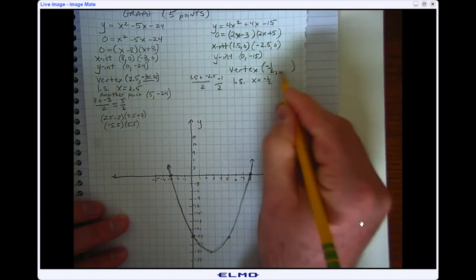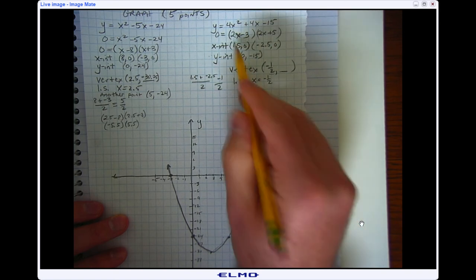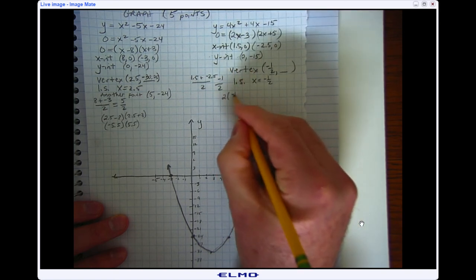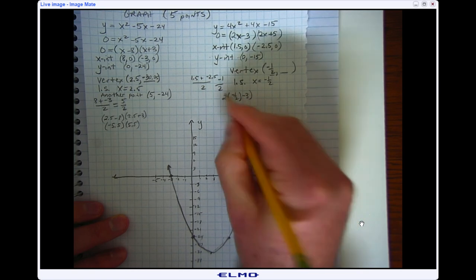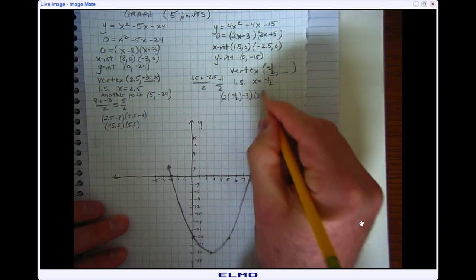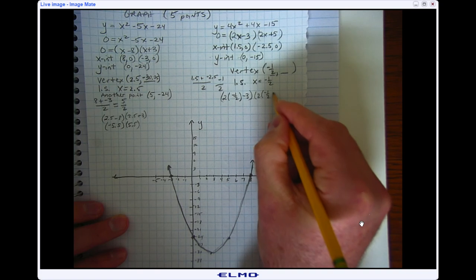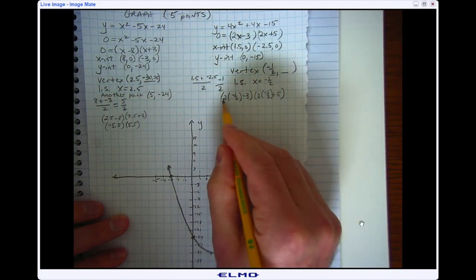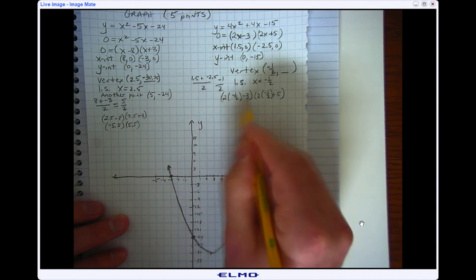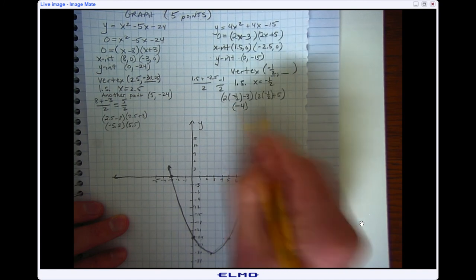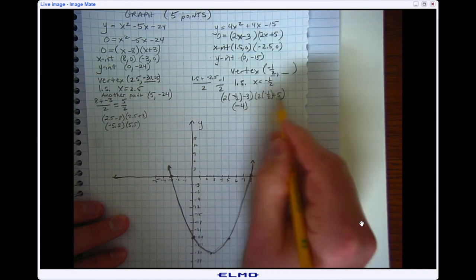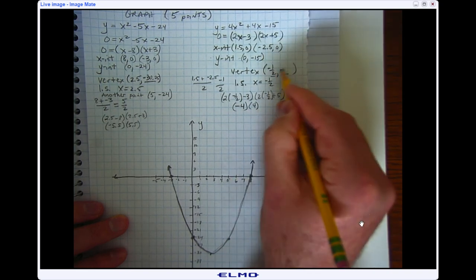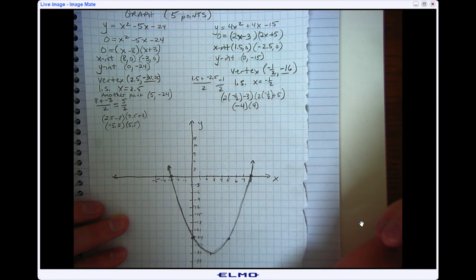Now I find the y value of my vertex by putting negative half in for x in my factored form. I go 2 times negative half minus 3, and 2 times negative half plus 5. Negative 1 minus 3 is negative 4, and negative 1 plus 5 is positive 4. When I multiply those together, the y value is negative 16.